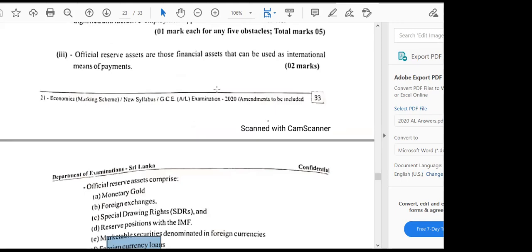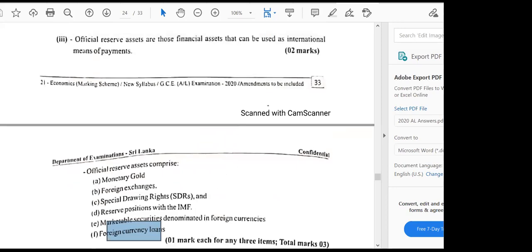See what has happened, guys? In the 2021 paper, in your year, they asked what the official reserve assets are. Now this year, they can ask what has happened to these official reserves.